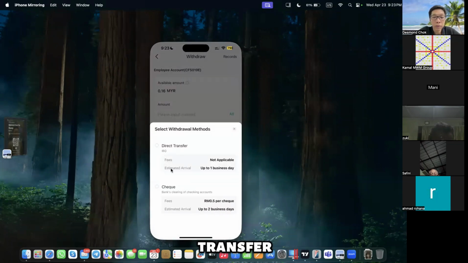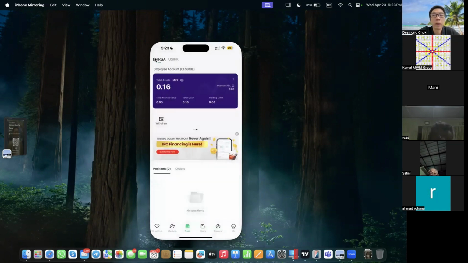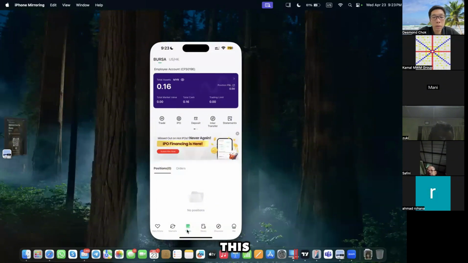Normally we use direct transfer, so there are no fees. If you want to withdraw and receive a check, then there's 50 cents per check. So normally use direct transfer. So you withdraw back to your bank account from when you opened the account. Okay, this one done.